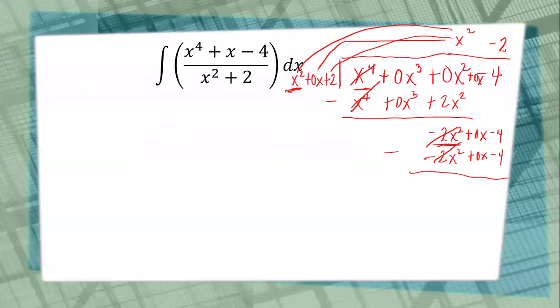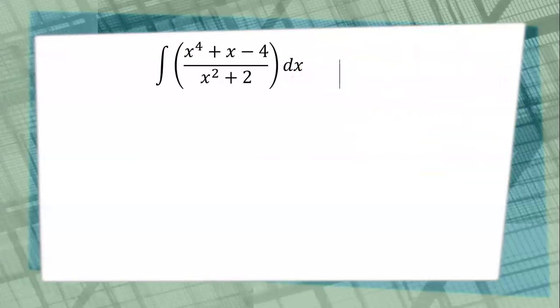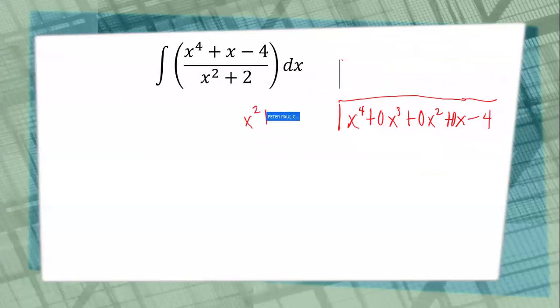Let's go back. Allow me to rewrite it again. We have x to the fourth plus 0x cubed plus 0x squared plus 0x minus 4, and we rewrite the divisor as x squared plus 0x plus 2.